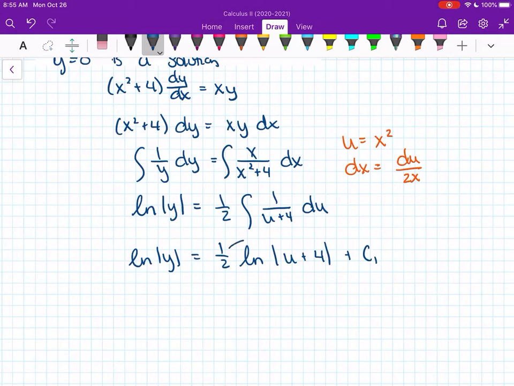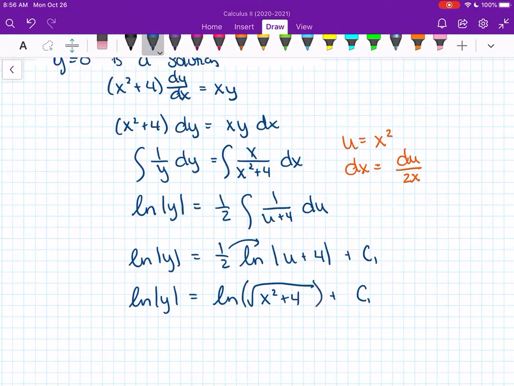All right, the next step, I'm going to go ahead and substitute back in x squared, and I'm also going to take this 1/2 in as a square root. So the natural log of the absolute value of y equals the natural log of x squared plus 4, which is always positive, so I don't need the absolute value anymore, and then the square root of that plus some constant.